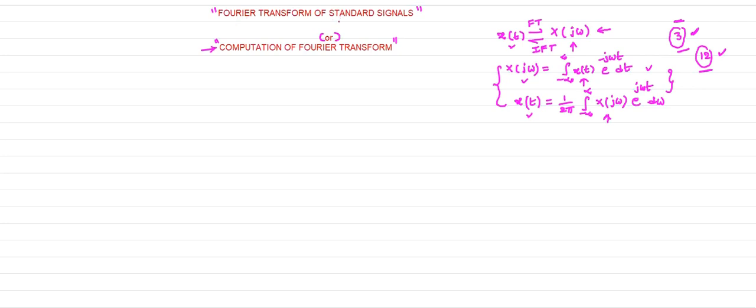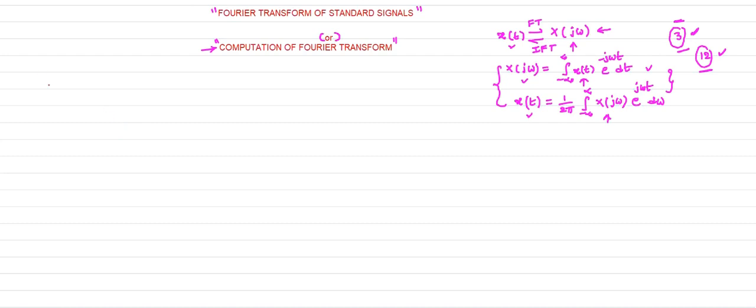We are going to find out the Fourier transform for some standard signals. That is nothing but the computation of the Fourier transform. In this class we are going to start this topic.